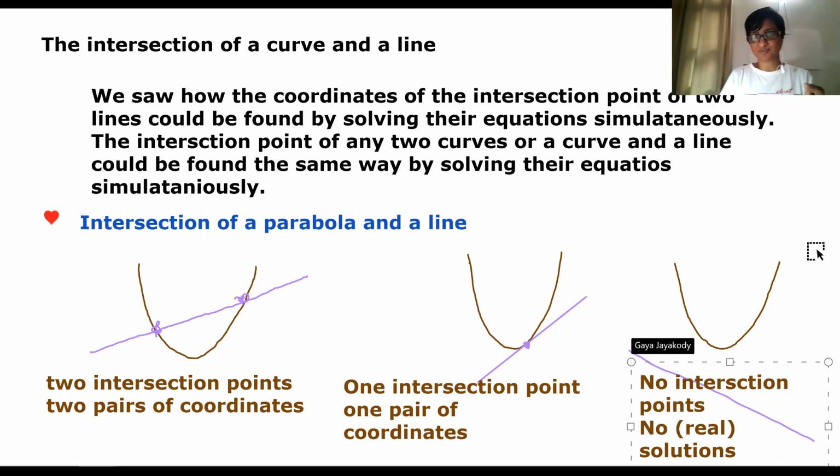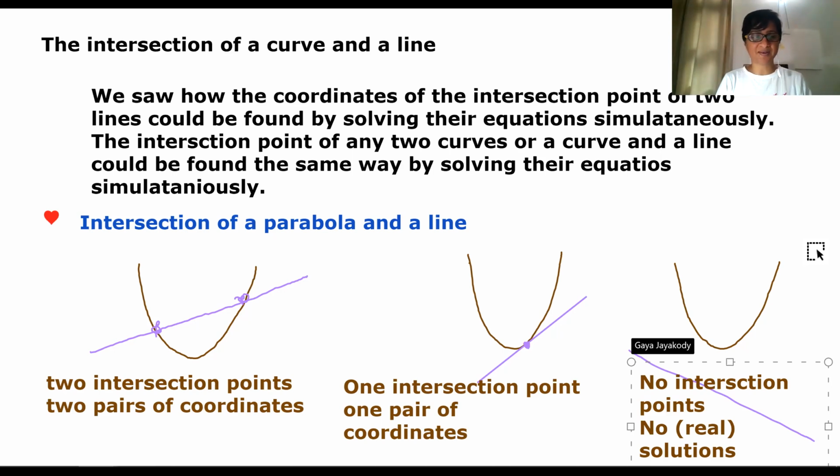While you're writing this, I want to remind you of another thing. If I give you the equation of a parabola and the equation of a line, do you remember that without going all the way to solving the two equations, without completing the process of solving, at some point in your working, you can find how many points they are going to be?